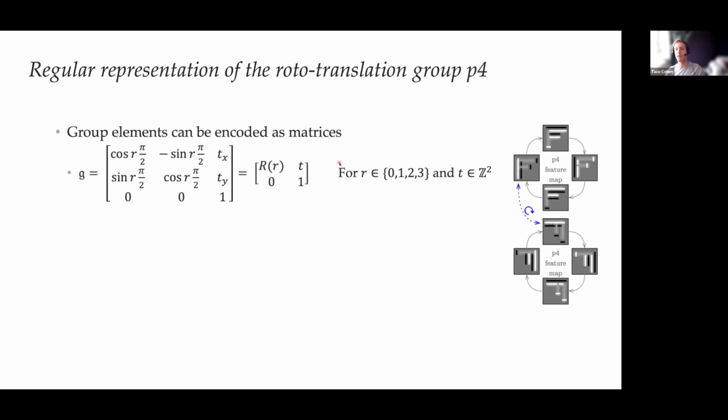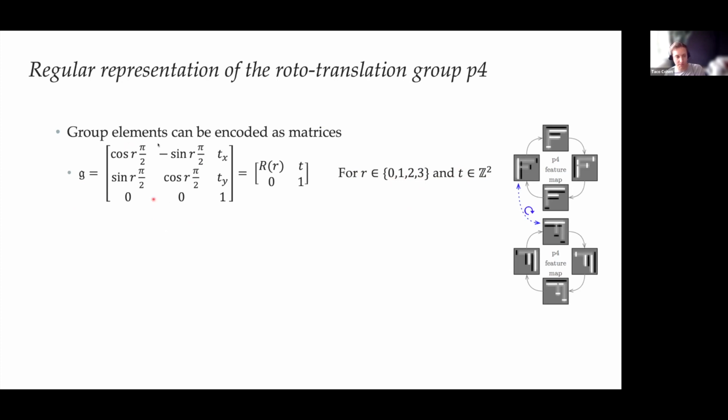Because the group that we're dealing with here is the group of discrete translations and rotations, the matrices are indexed by a rotation R, either 0, 1, 2, or 3, corresponding to 0, 90, 180 or 270 degrees, and a translation in the grid, Z2.